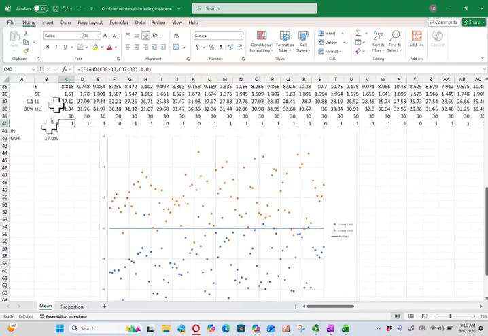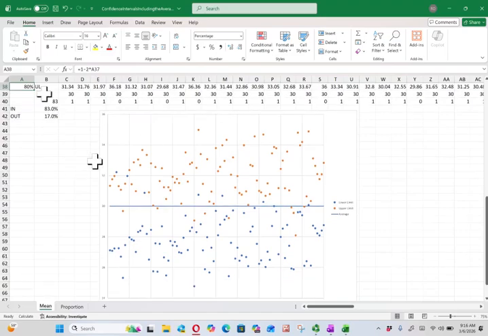And up in this spot is the level of the probability. So this is 0.1. This is an 80% confidence interval done 100 times with a sample of size 30. And this shows here how many of those include the mean.